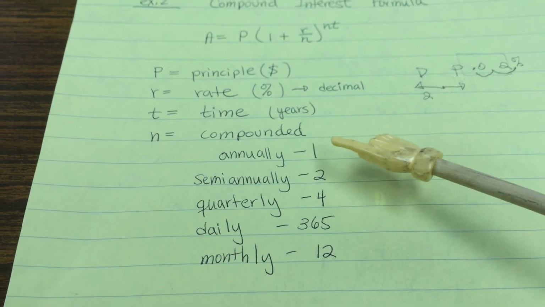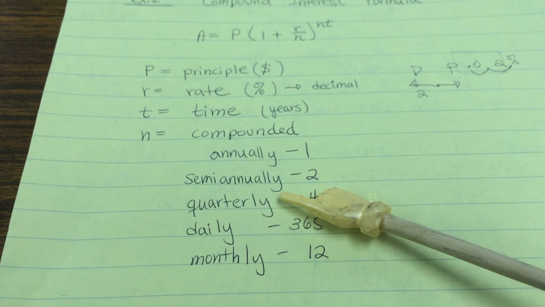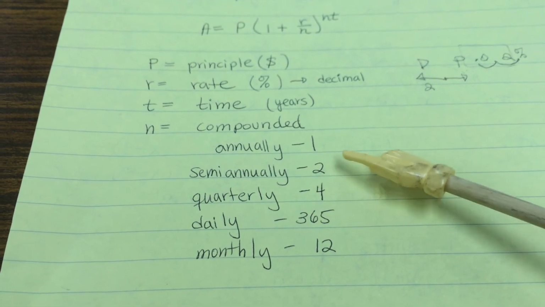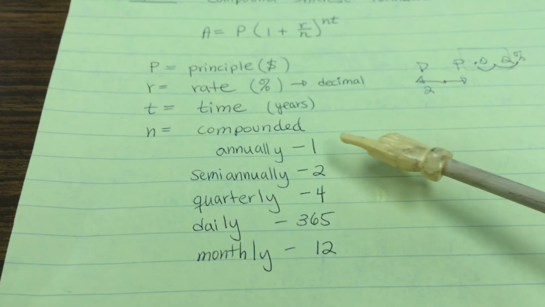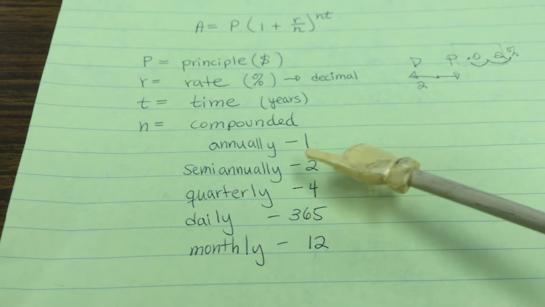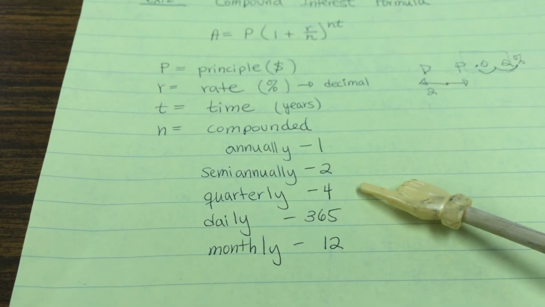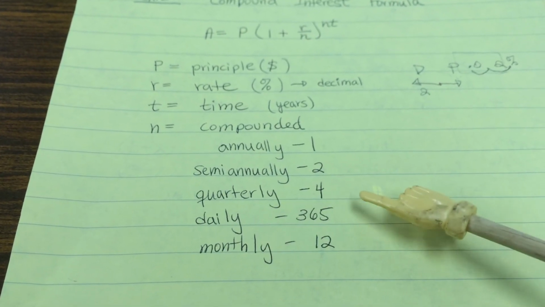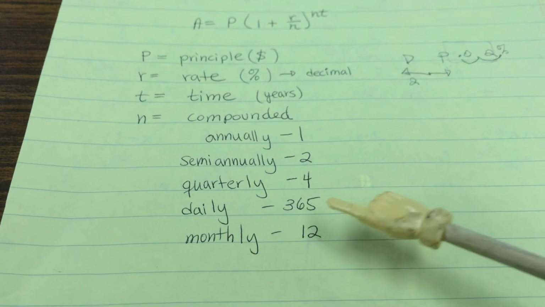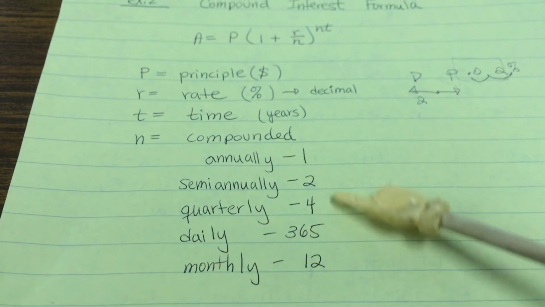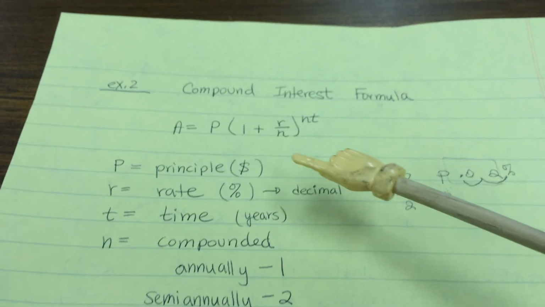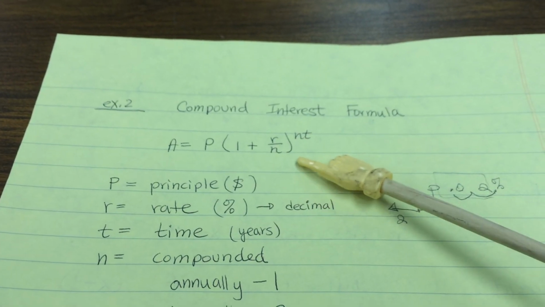If it is compounded semi-annually, that means 2, because semi-annual means that it happens usually twice in a year. Quarterly is 4. Daily is 365, and then monthly is 12. So those are the numbers that you would normally use for your n part of it right there, okay?